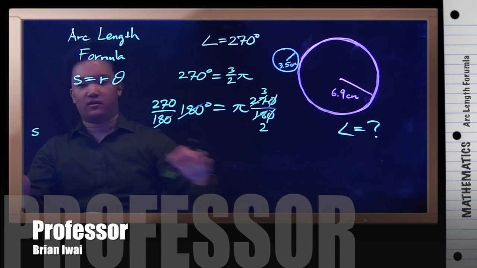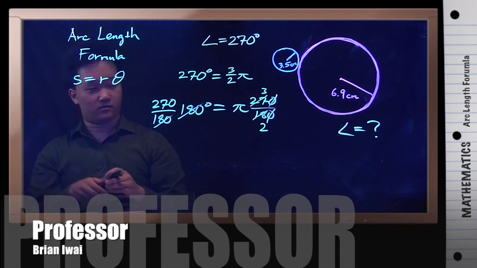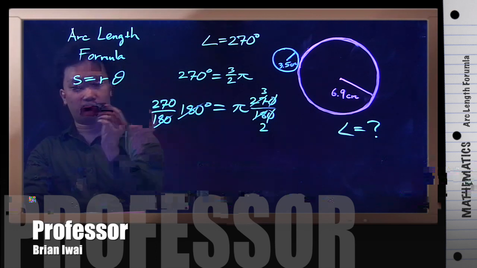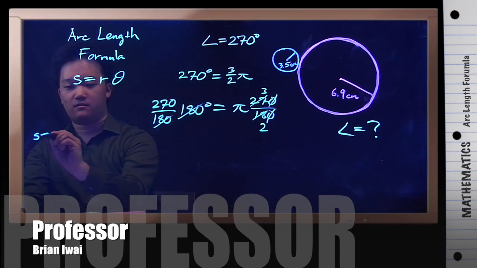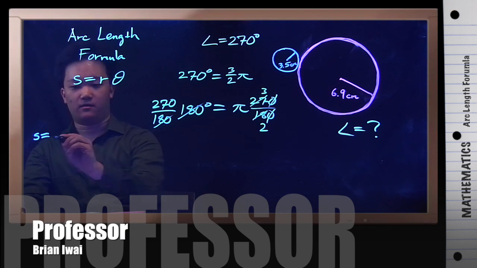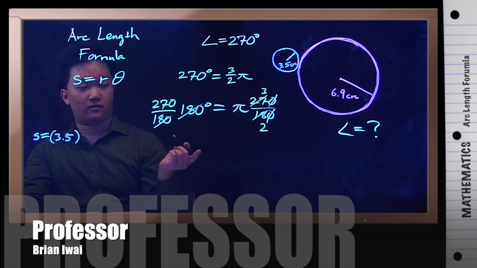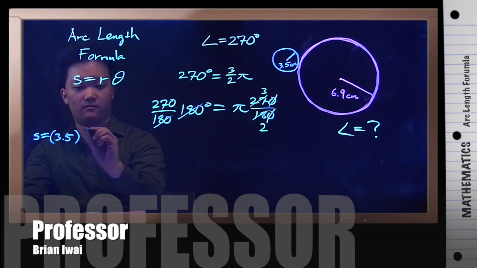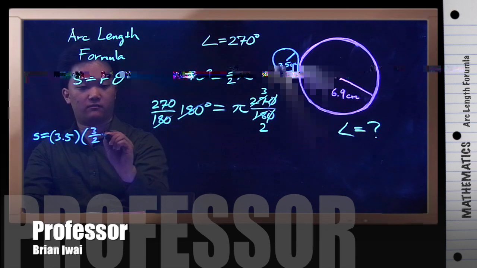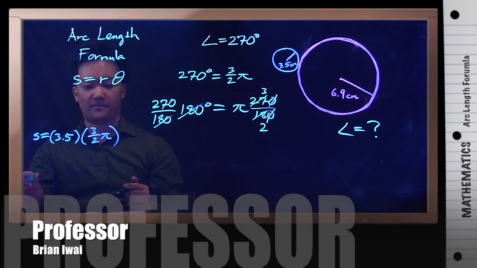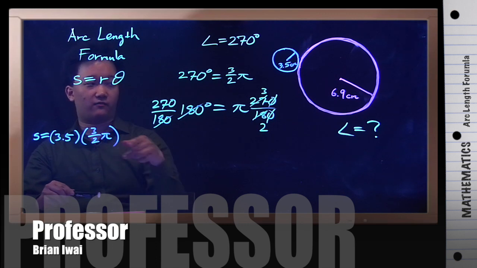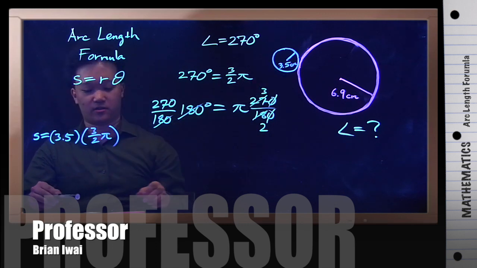Let me use the blue marker for the small gear. S equals R theta. R is the radius, which is 3.5 centimeters, times theta, which we're not going to use 270. We're going to use the angle in radians, so 3 over 2 pi. This is the arc length formula applied to the smaller gear.